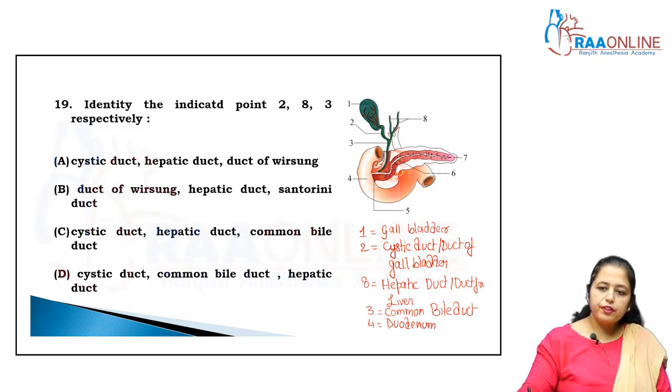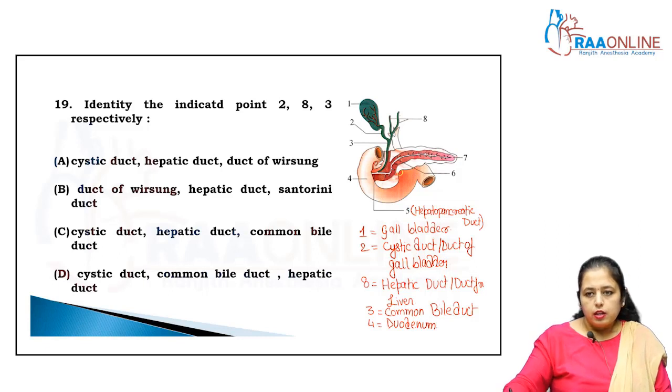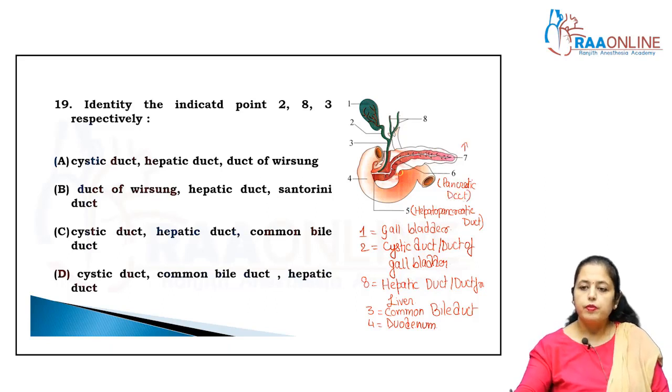That 5th is the hepatopancreatic duct. Now that 6th one is the pancreatic duct, and 7th is the pancreas.